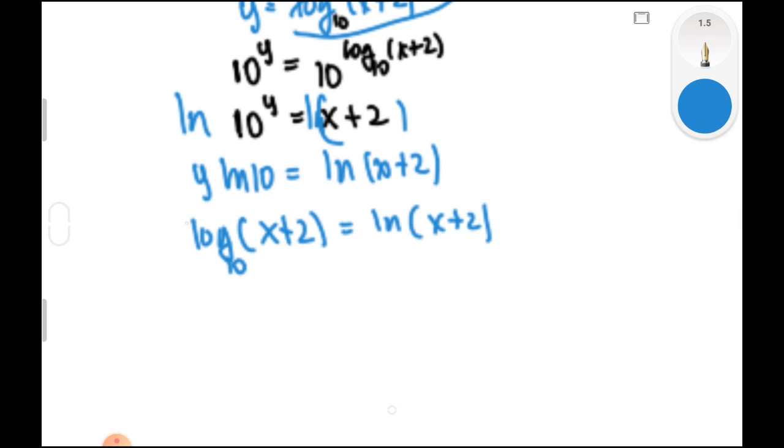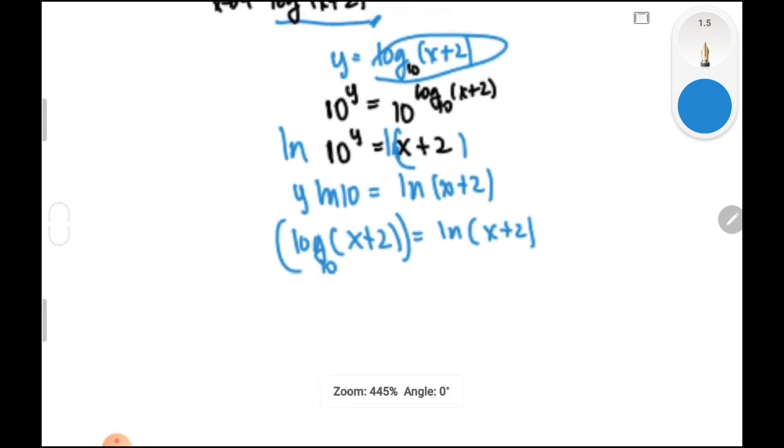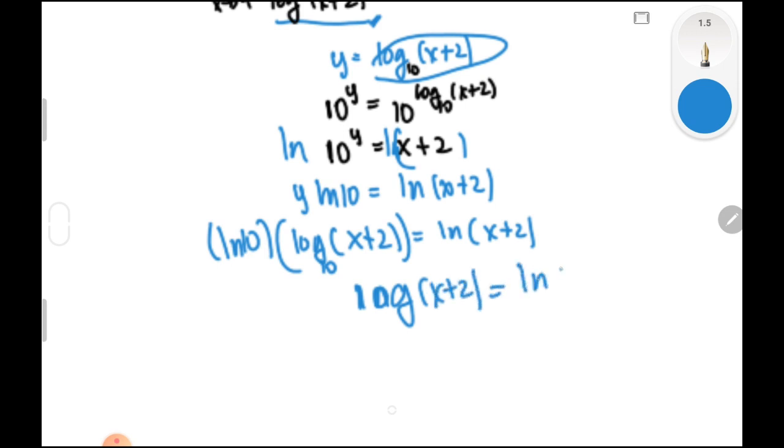So therefore, we will have a value of y multiplied by our ln 10. Okay, so therefore log of x plus 2 can be written as ln of x plus 2 divided by ln of 10.